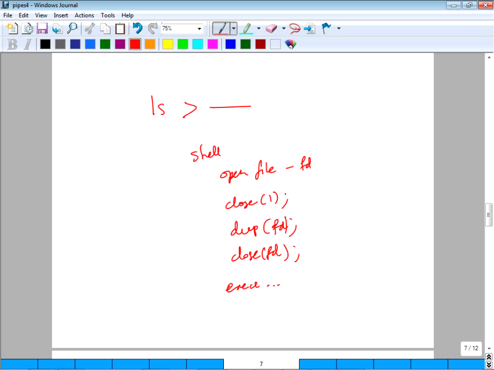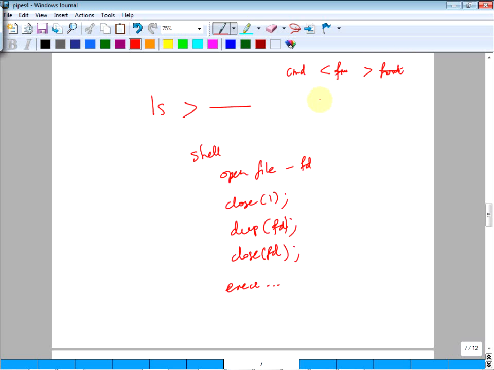Remember, that's why many times we like this type of writing, because particularly if you are designing a command, you would like to read from standard input and write to standard output. You don't want to deal with files. Otherwise, you have to specify an input file and an output file.